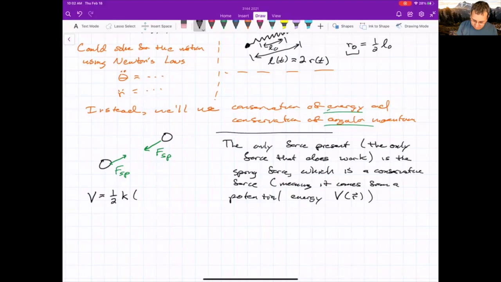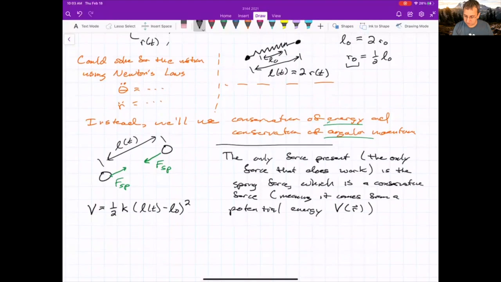So this would be, remember we were saying, maybe I'll write this as L of t. L of t minus L naught squared. Remember, L is the instantaneous distance between the two. So that's the spring force. If we now write it in terms of R and R naught, so if you look up here in the upper left, we have 1/2 K (2R minus R naught) squared.